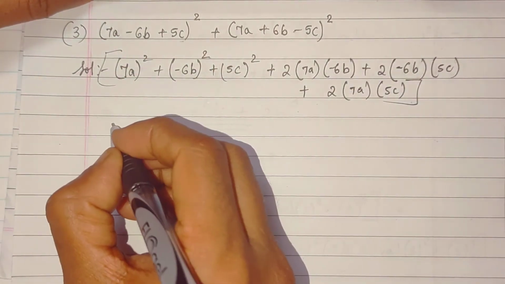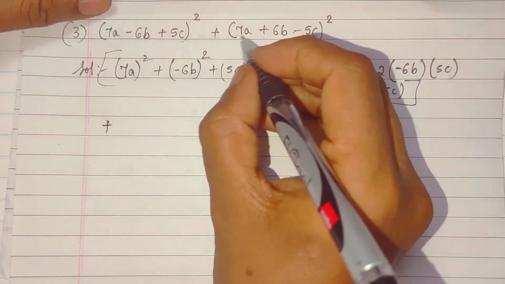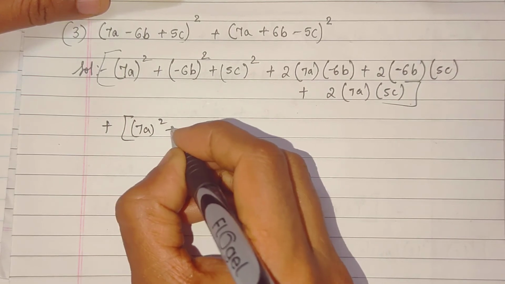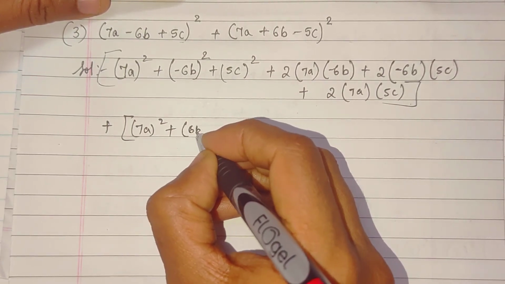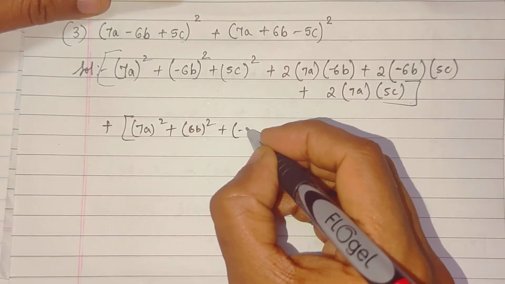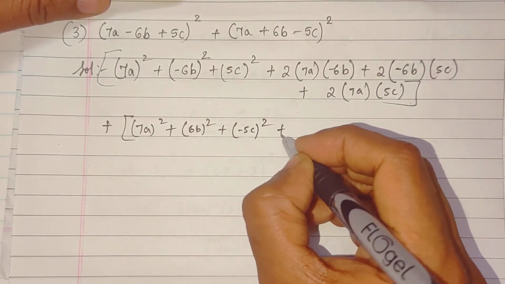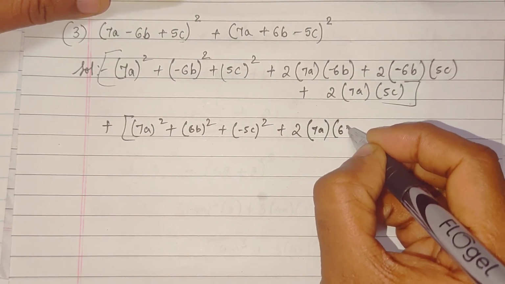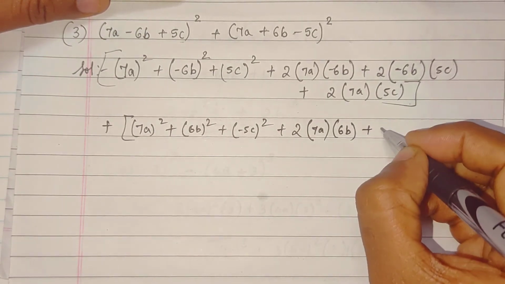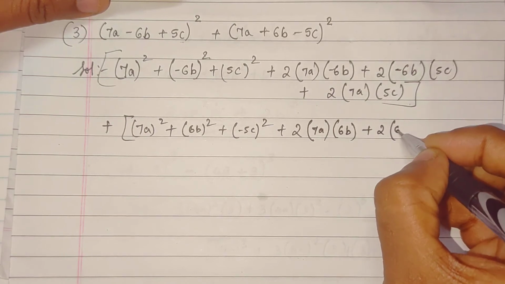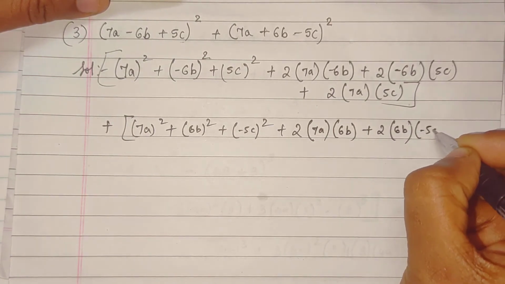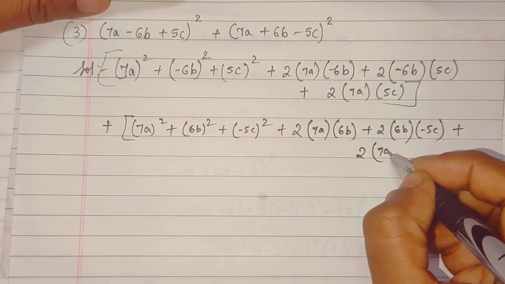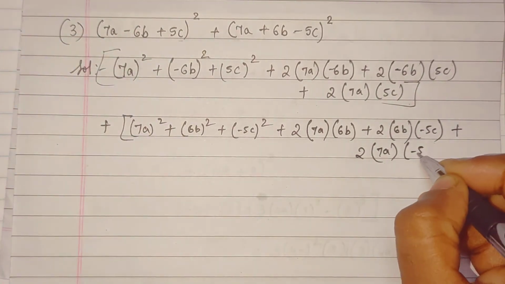Now this plus, and then we have to solve this one. So again a square plus b square plus c square plus 2 into a into b plus 2 into b into c plus 2 into a into c.